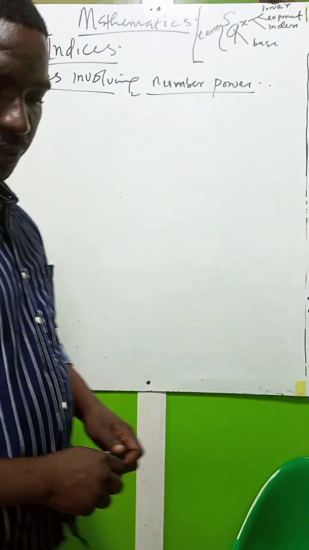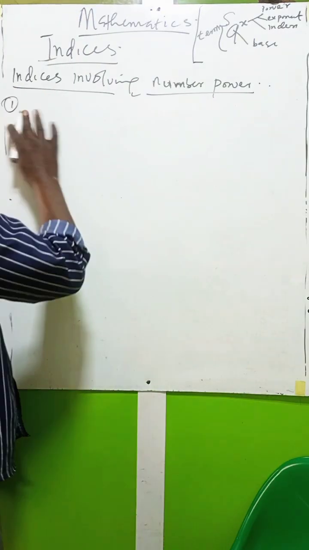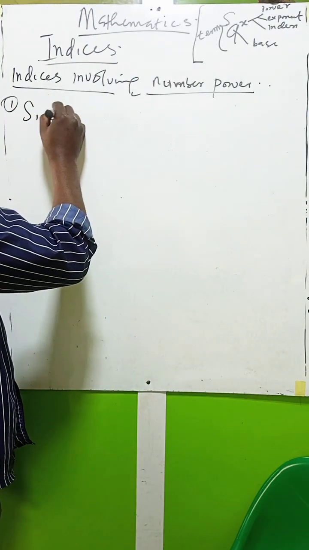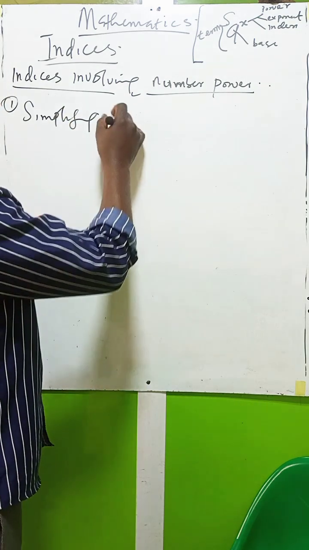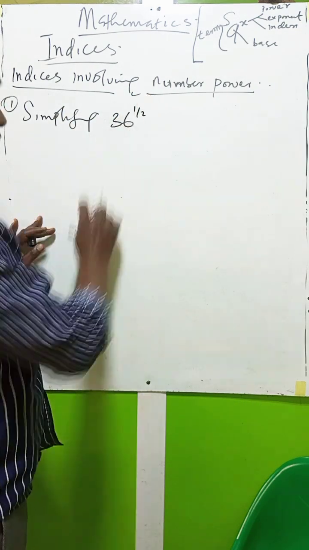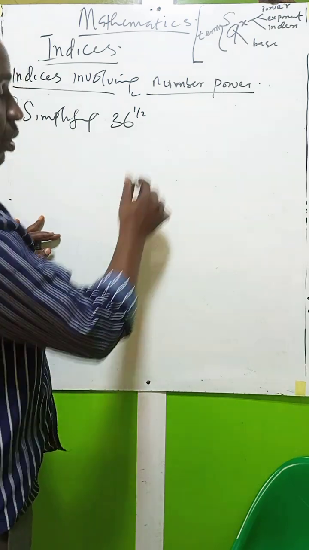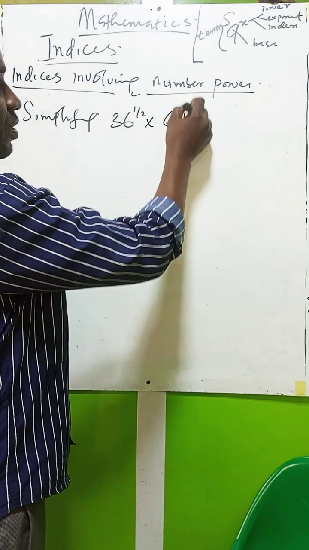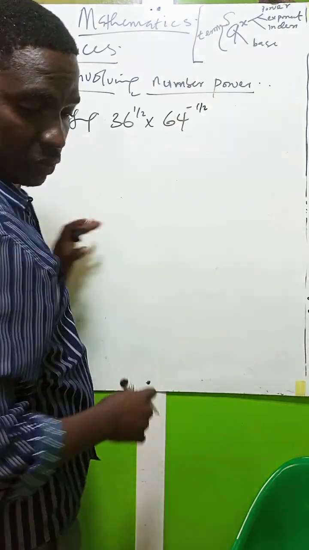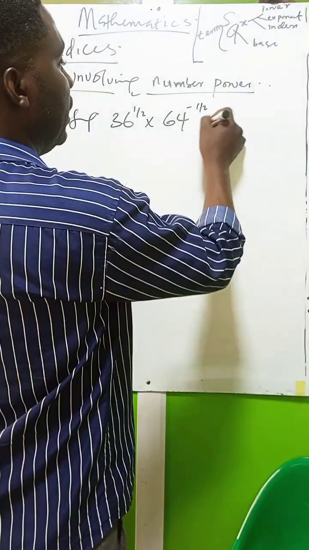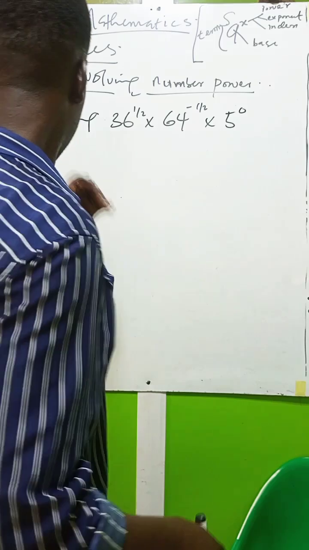Still on this category. Now simplify 36 raised to the power half times 64 raised to the power minus half times 5 raised to the power 0.